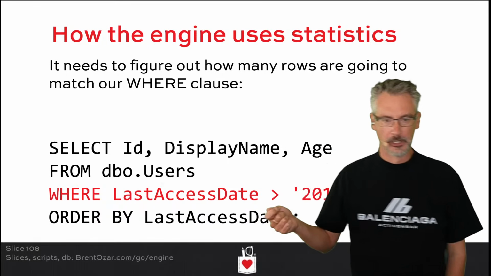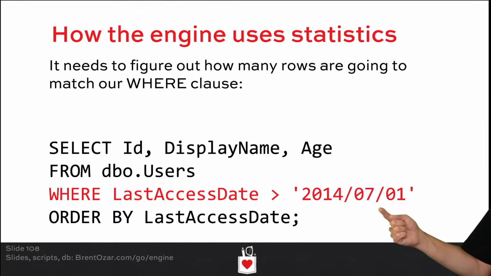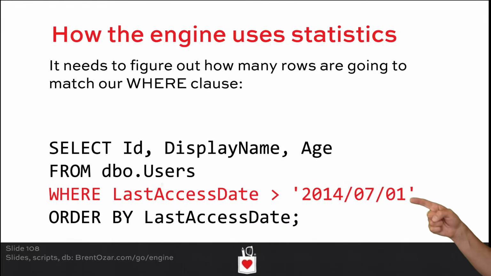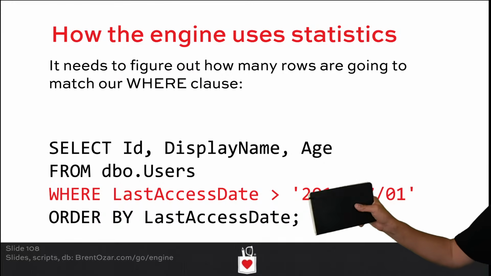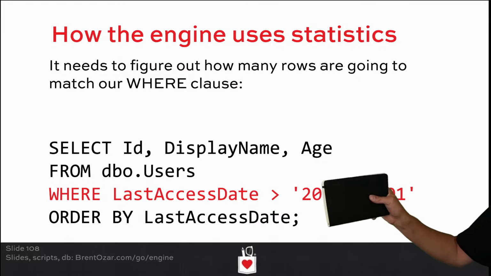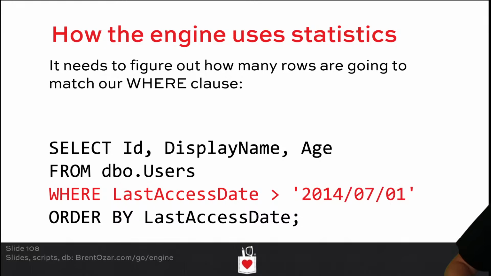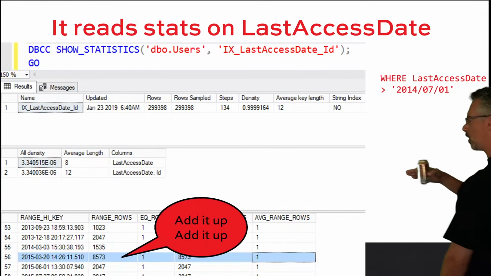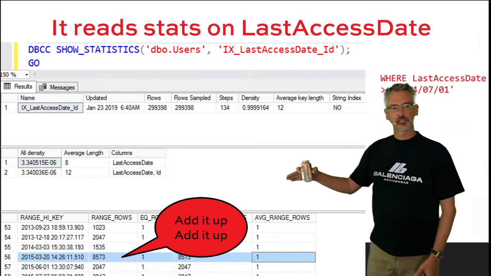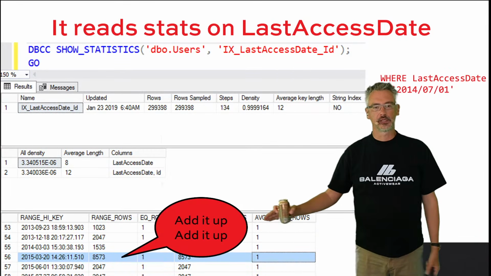SQL Server says, well, you want to know how many people have a last access date greater than that? I better come up with a rough guess, because I need to guess how much memory I'm going to need in order to sort all these people by last access date. So what it's going to do is pop open its statistics on last access date. It's going to pop open that histogram, and it's going to go down to row number, in this case, 56 here.